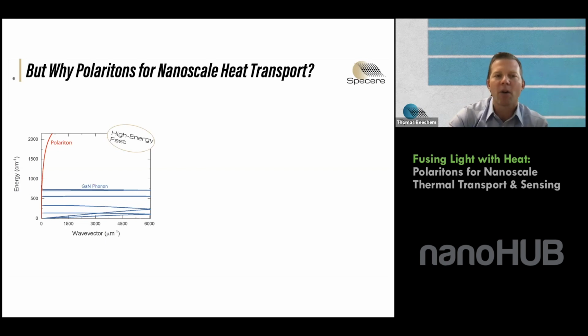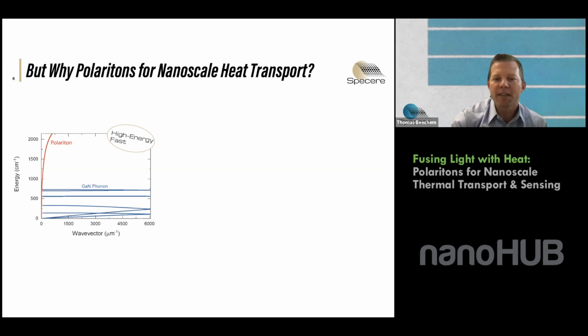I'm plotting a graphene plasmon polariton here in red and a gallium nitride, just normal phonon dispersion in blue. And there's a couple of things you should see. Number one, the polariton has a much steeper dispersion. That means that you have a very high group velocity, good for moving energy. And second, it can get to quite high energies over that which we can see in phonon environments. So we have high energy and we have fast particles.